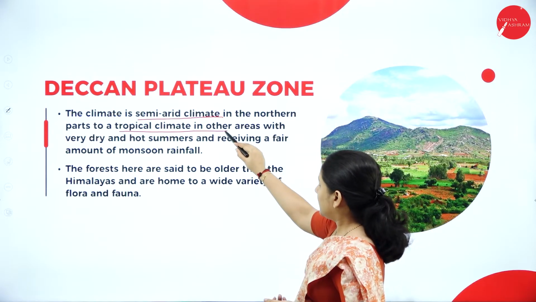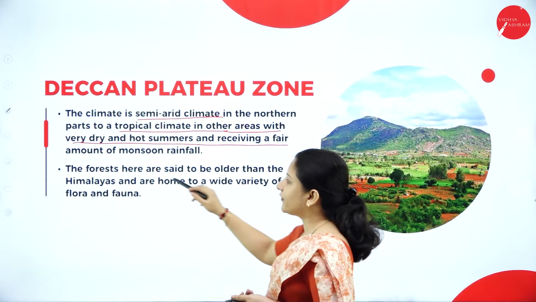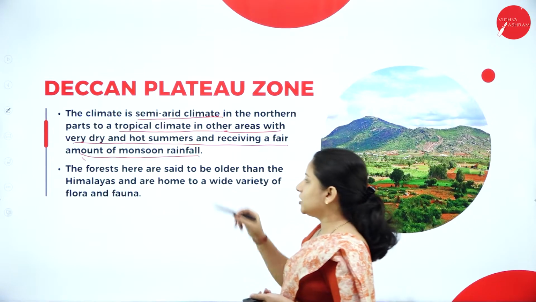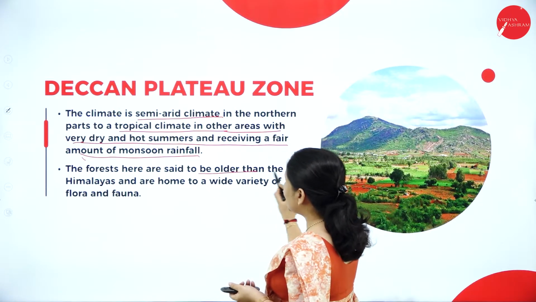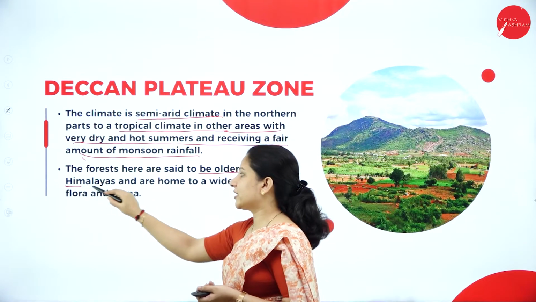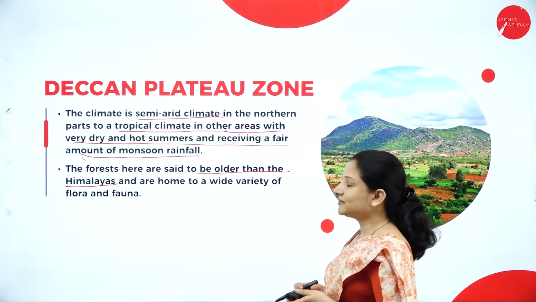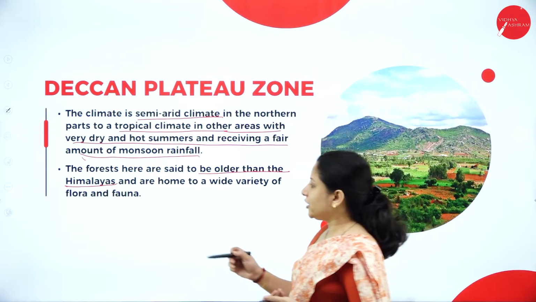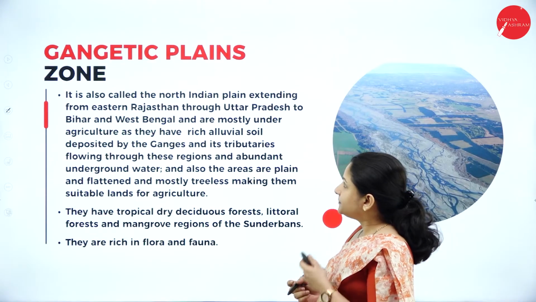And there are other areas with very dry and hot summers, and they receive a fair amount of rainfall in the monsoon. The forest here is said to be older than the Himalayas. Deccan Plateau forests are older than those of the Himalayas, and they are home to a variety of flora and fauna, that is plants and animals.